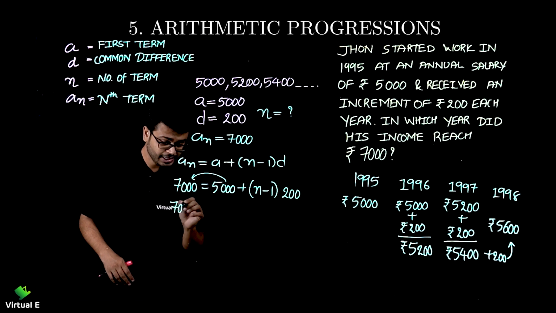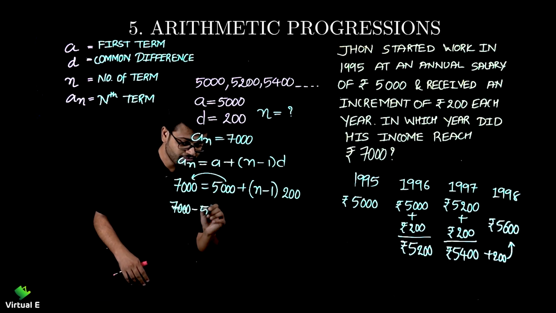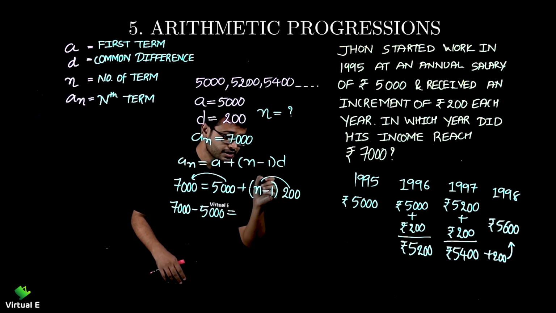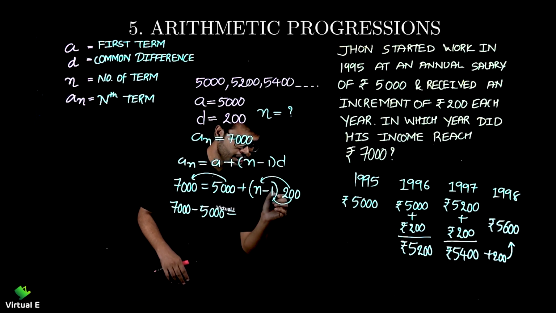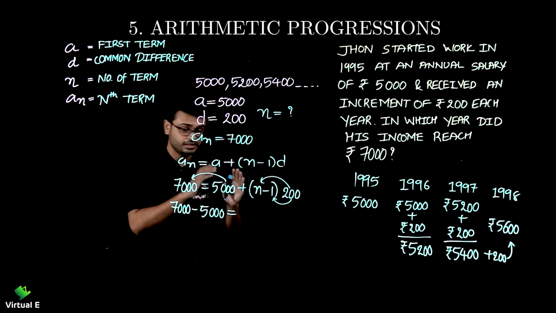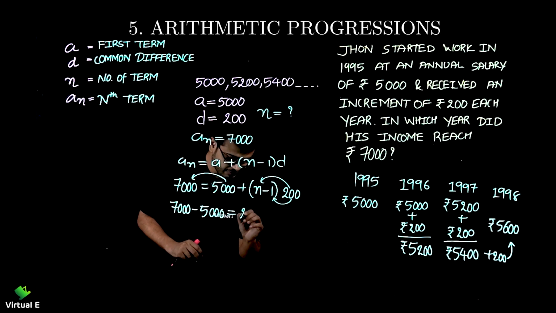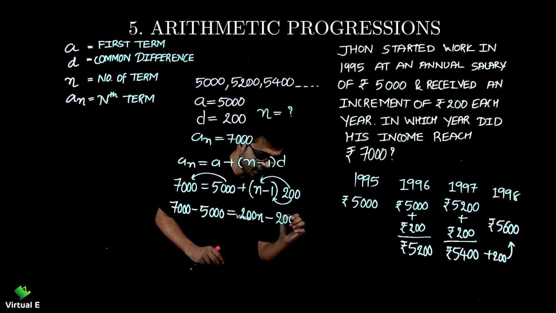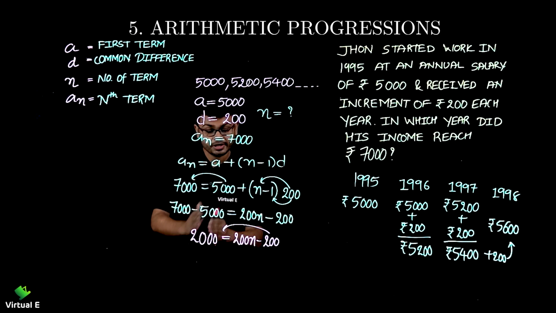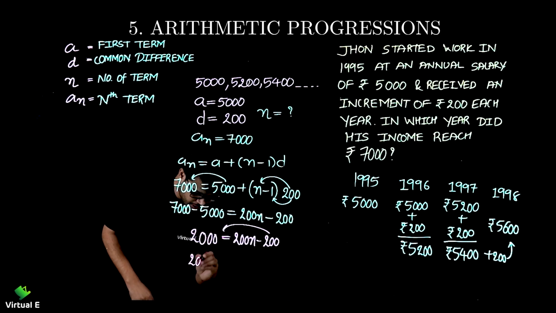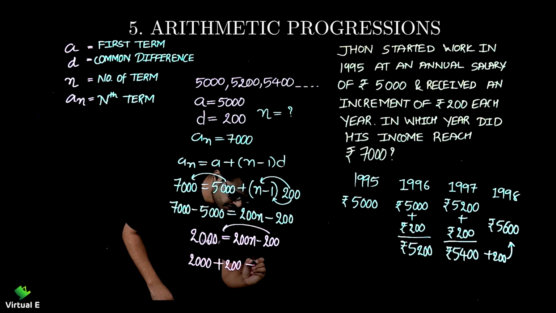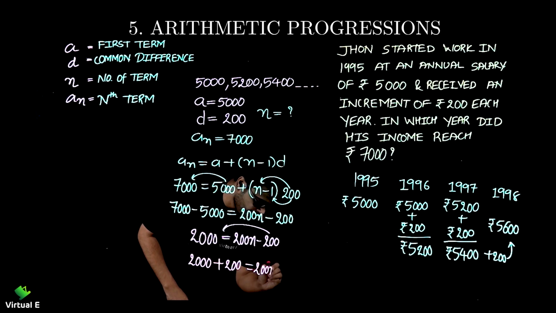I'm going to shift this 5,000 over here; it will become negative. So 7,000 minus 5,000 is equal to, multiplying 200 with each term, 200N minus 200. Let's shift 200 over here: 2,000 plus 200 is equal to 200N.